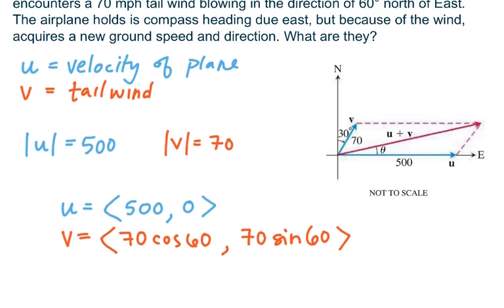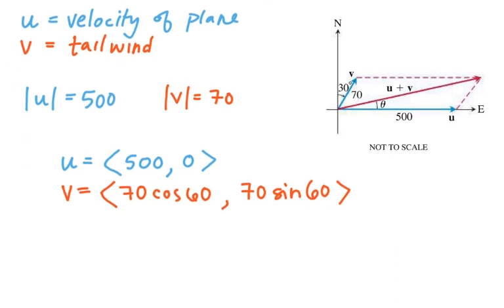So that can be simplified a little bit because we know what cosine and sine of 60 are. Cosine of 60 is 1/2, so 70 times 1/2 gives us 35. Sine of 60 is √3/2, or 35√3 when we simplify.